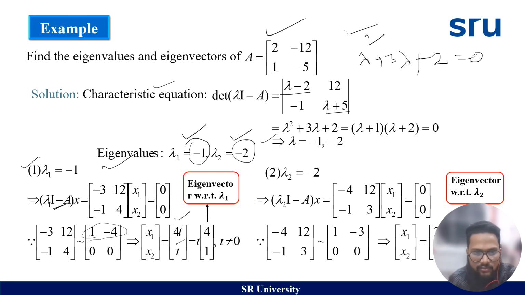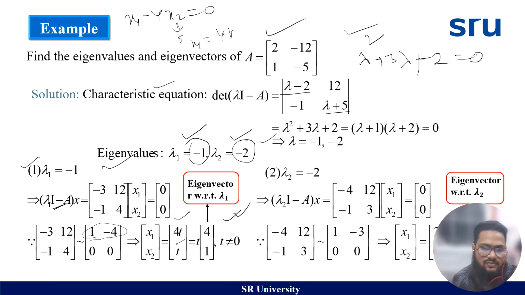Solving it, we get 4t and t; taking t common, we get 4 and 1. How do we get it? We have x1 minus 4x2 equal to 0, only one equation and two variables, so one of the variables you should take as t. If you take x2 as t, then x1 will be 4t. So 4t, t will be the eigenvector, or t times (4, 1), if t is not 0.